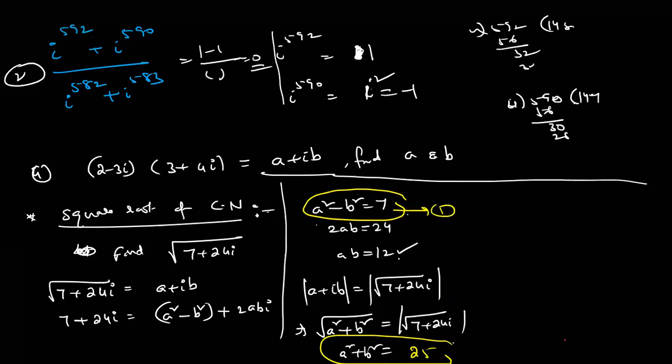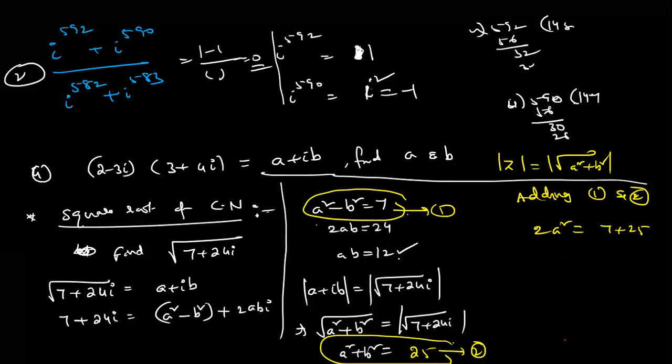This is equation 1. This is equation 2. Adding 1 and 2. I'm writing the formula. Modulus of z, anyone? What is the formula? Root over a square plus b square. So here also root over 7 square plus 24 square. The answer is 25. So adding means 2a square is equal to 7 plus 25.